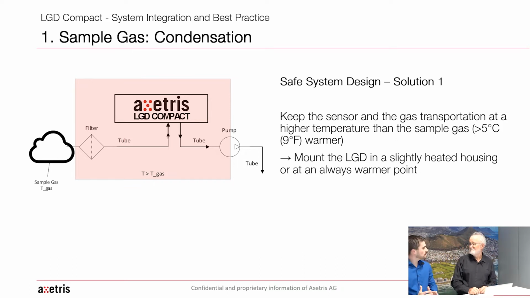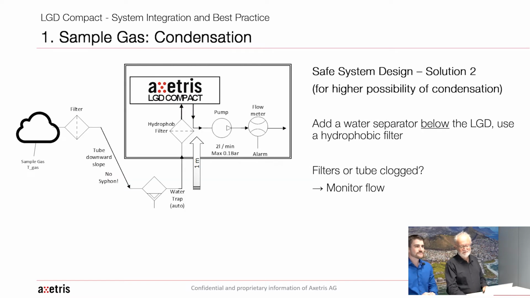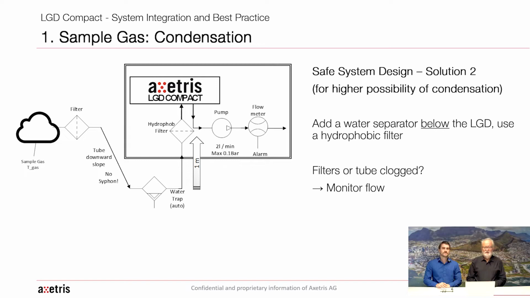And what would you recommend in a more challenging application where the sample gas is really high humidity and the sensor is mounted outside? Then it gets a bit more complicated, but there are some simple rules of design you can follow also. This solution, still pretty simple, is to add a water trap, also called condensation pot, near the end of the gas tube line, below the area where the LGD Compact and the whole system is mounted.